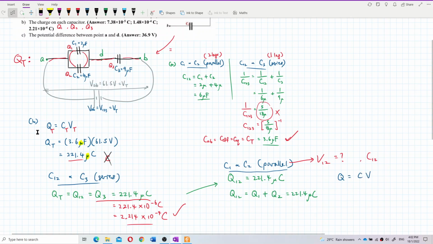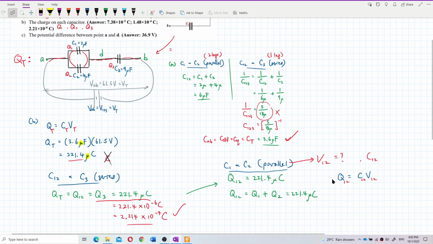Since I can do Q total equal to C total times V total, I also can do Q12, C12, V12, isn't it? So C12 I also have. You see, I got the C12 is 6 microfarad. I put it over here. I can find the V12. Okay, let's do it.